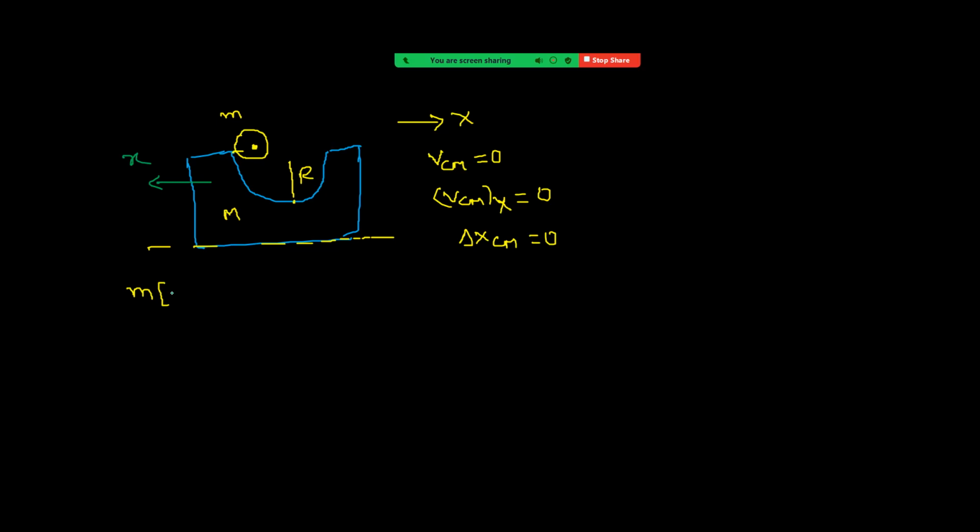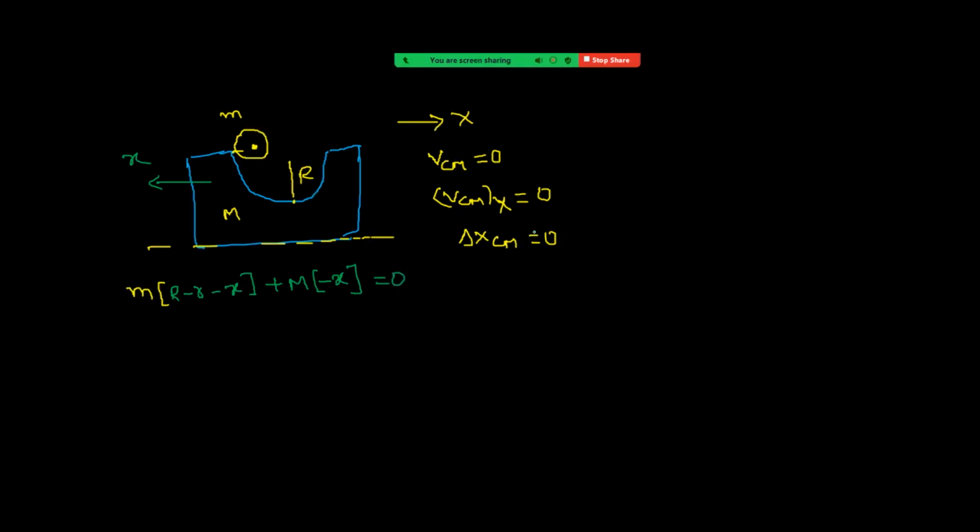Then I can write R minus r. This is the displacement of the cylinder with respect to the block, but in the ground frame it will be minus x, plus M into minus x.